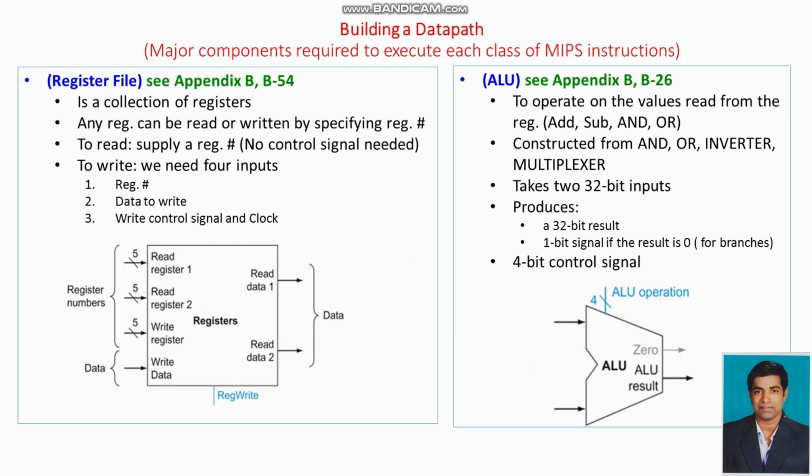Then we are able to read the data from those registers, and these are the inputs for the particular operation. After that, the ALU operates on the values read from the registers, that means these two, read data 1 and read data 2, and we can perform add, sub, and, or, like arithmetic and logical operations, constructed from AND, OR, inverter and multiplexers.